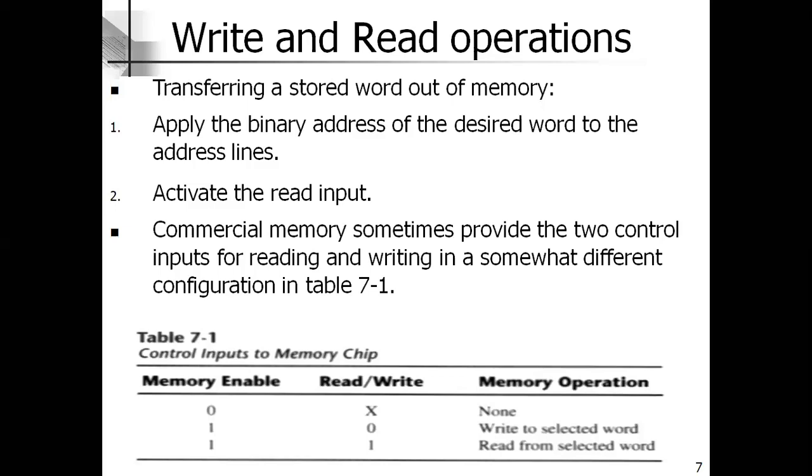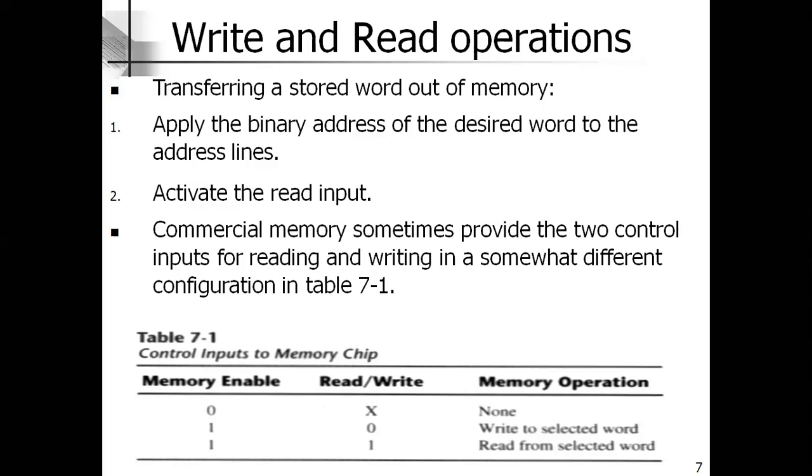If memory enable is 0, then it will not perform any read or write operation. Why? Memory enable is 0, so it must be disabled. If memory enable is 1, read/write means you have to choose either the read operation or the write operation, not both at the same time.